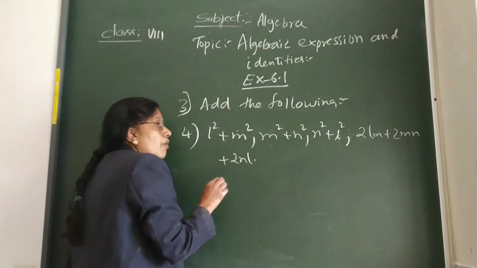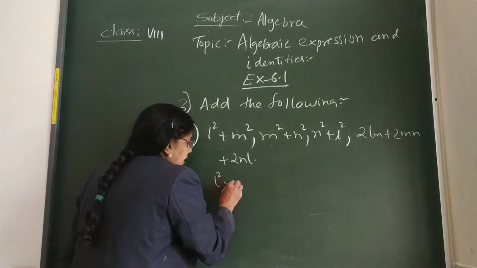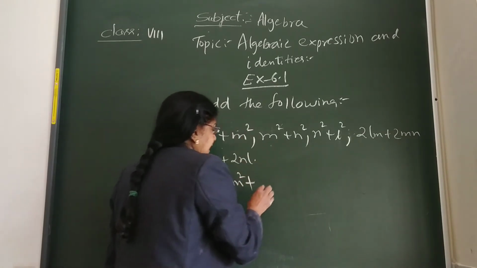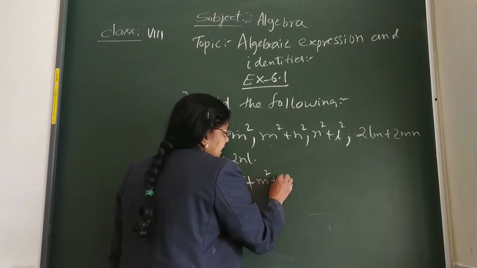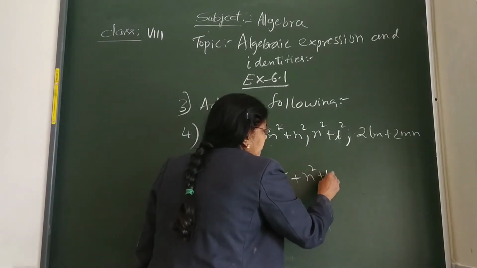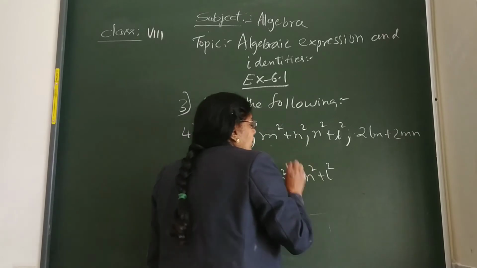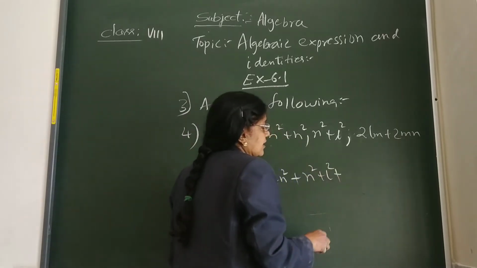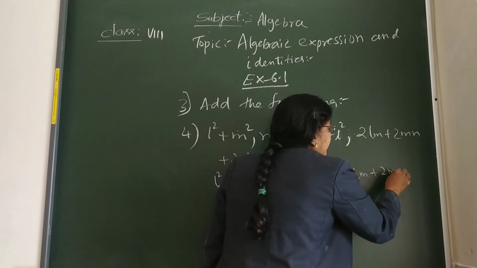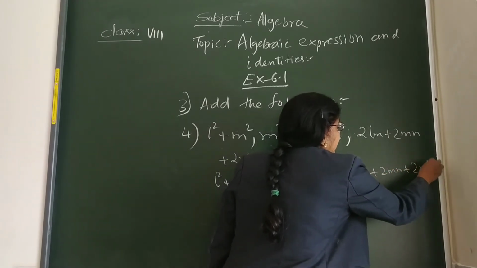So we are going to do horizontal addition. So L square plus m square. Second binomial, put plus sign, m square plus n square. Third binomial, put plus sign, n square plus L square. Last trinomial, put plus sign, 2lm plus 2mn plus 2nl.